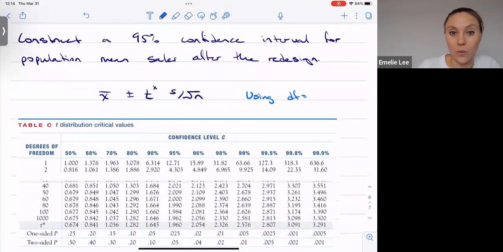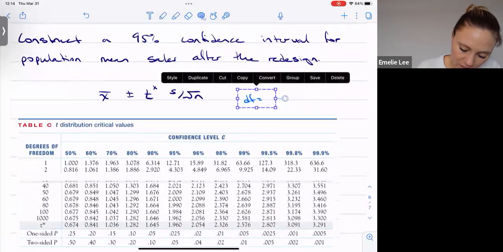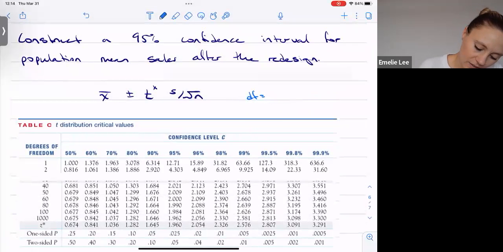Maybe I'll say the degrees of freedom, because that's what we need to be able to find T star. The degrees of freedom is 58 minus 1, which is 57.